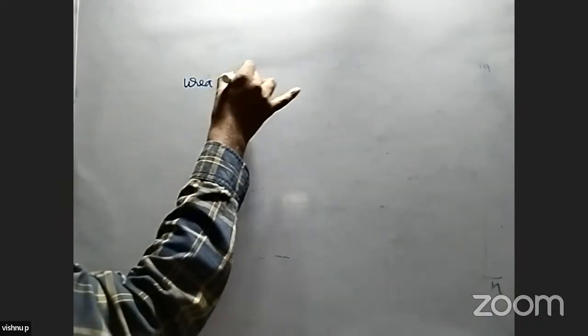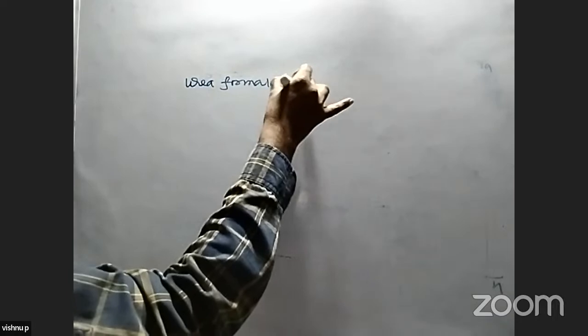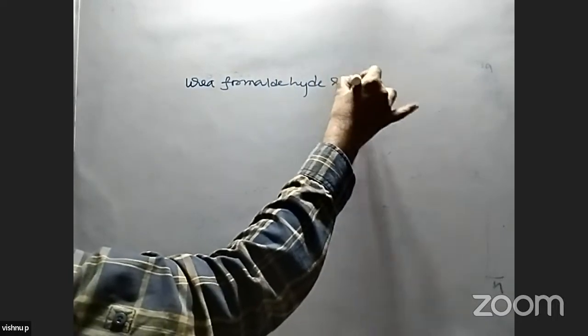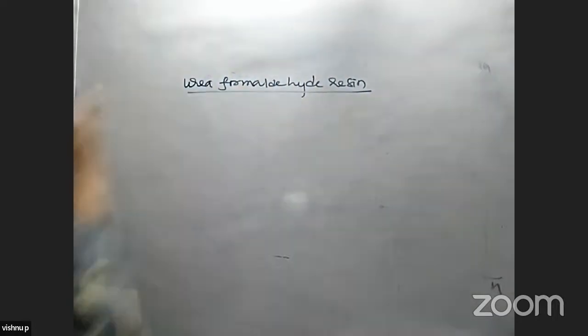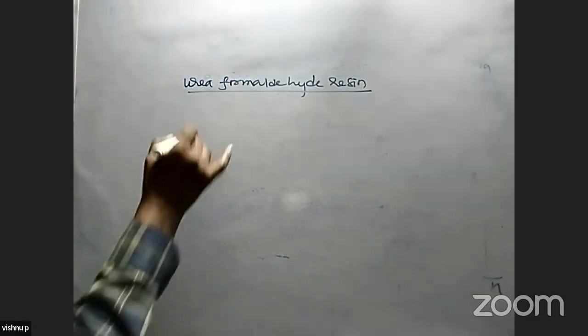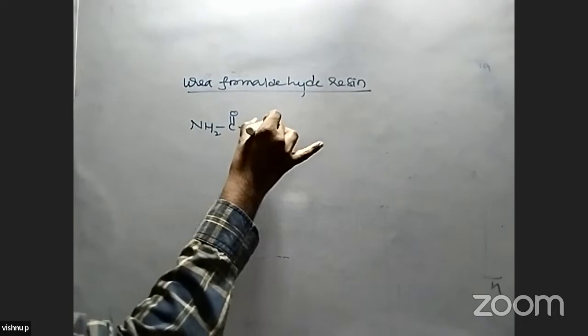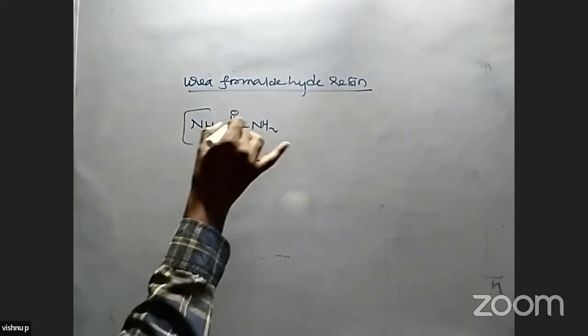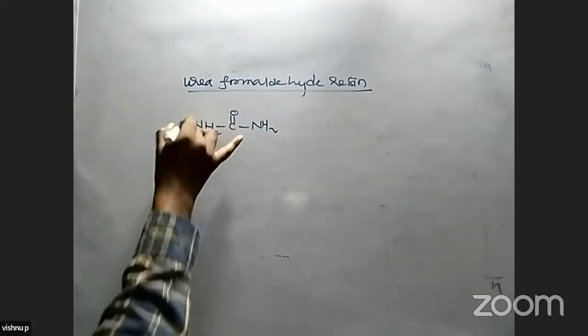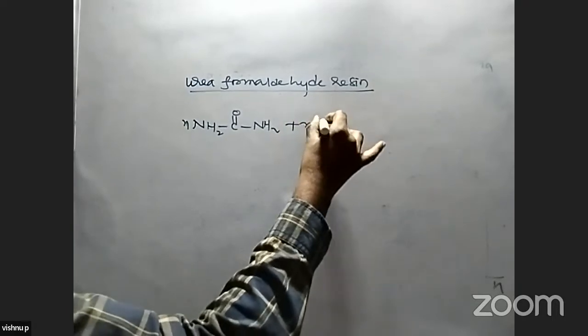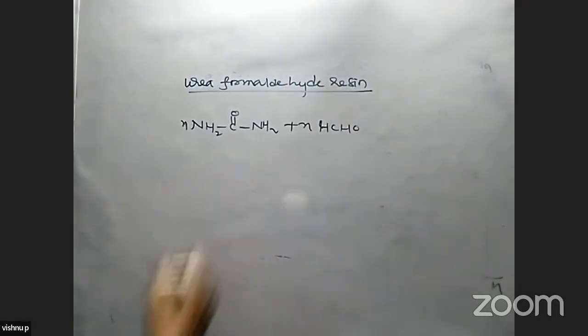Next, one more, urea formaldehyde resin. What is this urea formaldehyde resin? It contains n number of urea molecules, and also n number of formaldehyde molecules are present.